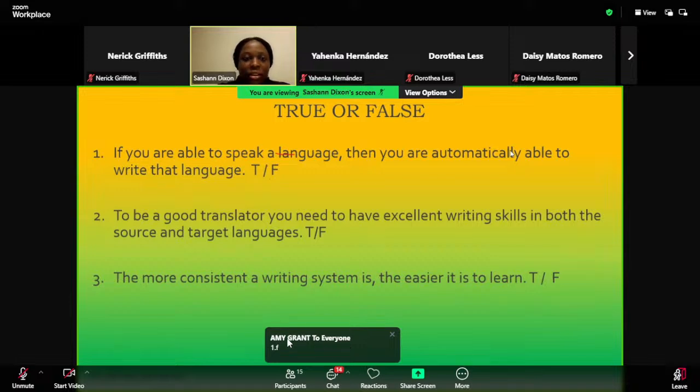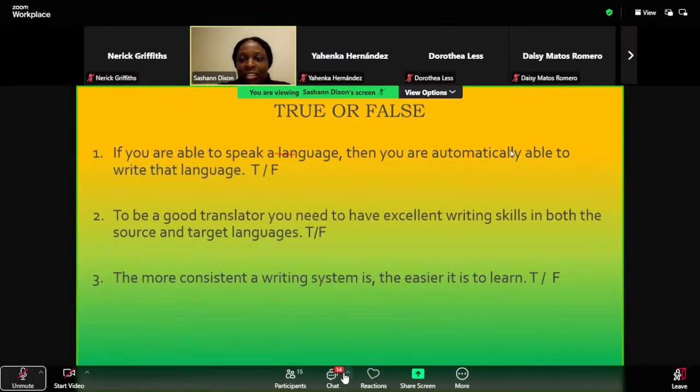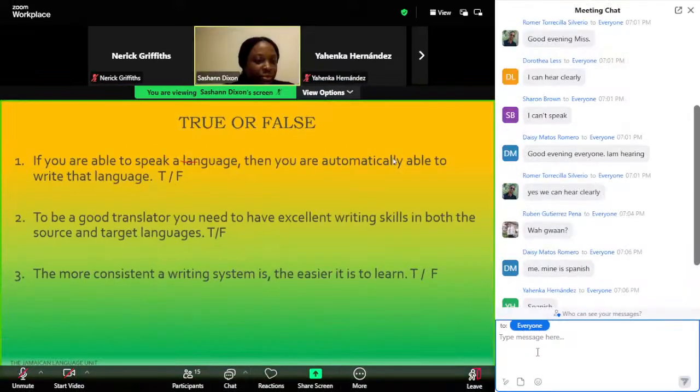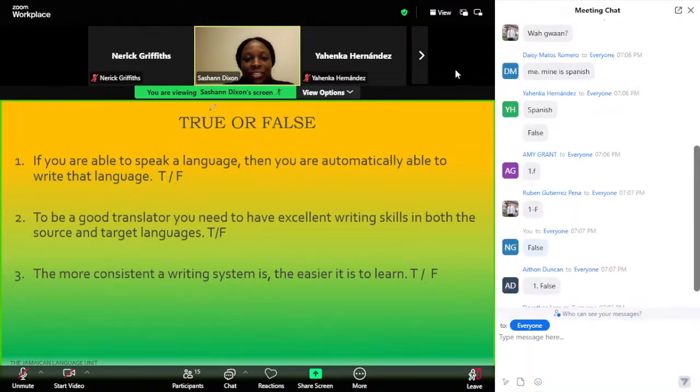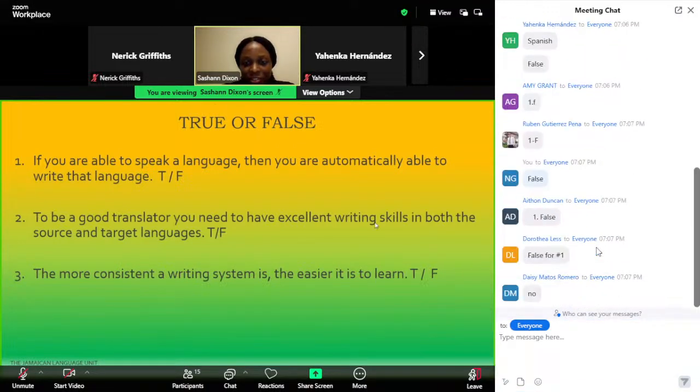Let me see how quickly we are typing. Good, great. I'm seeing a lot of false, great, no true, wonderful. Pretty easy, right? If you are able to speak a language, you're not automatically able to write that language.